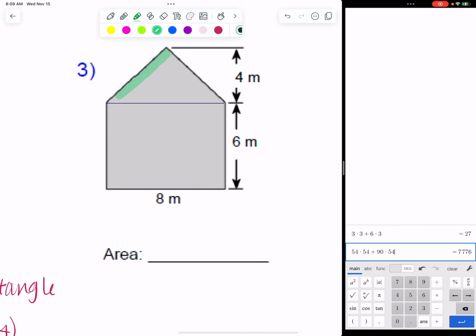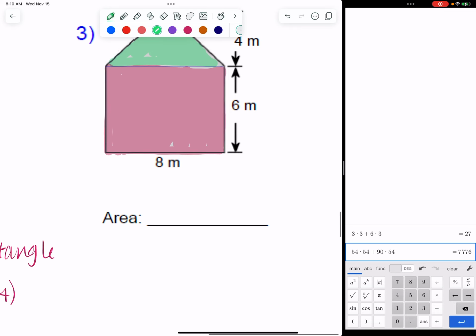So I'm going to put my triangle in green. I'll put my rectangle down here in this sort of raspberry color. Some of you are thinking, Miss Graham, that's pink. Dude, let me live my life.